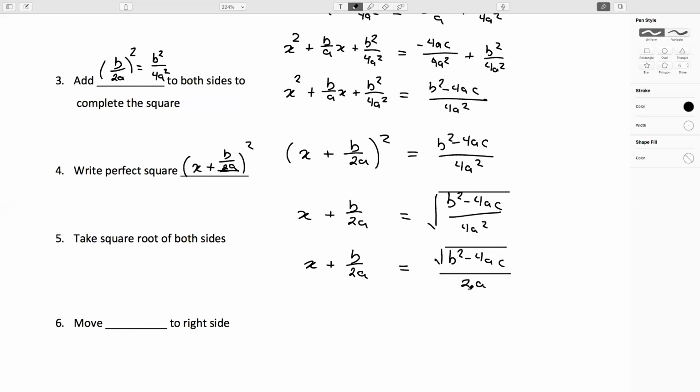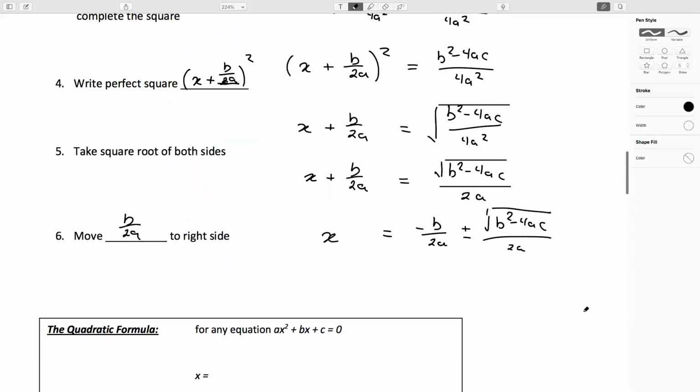Now we need to finally move b over 2a to the other side. We'll do that by subtraction. So x is going to equal negative b over 2a plus or minus root b squared minus 4ac all over 2a. And now we have created the quadratic formula.